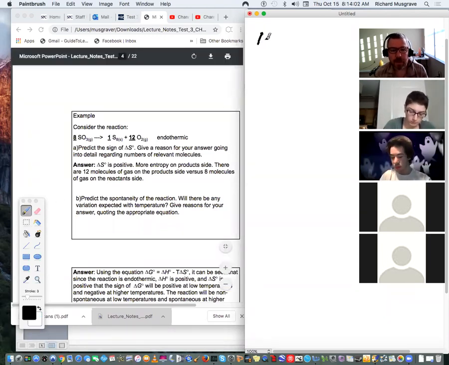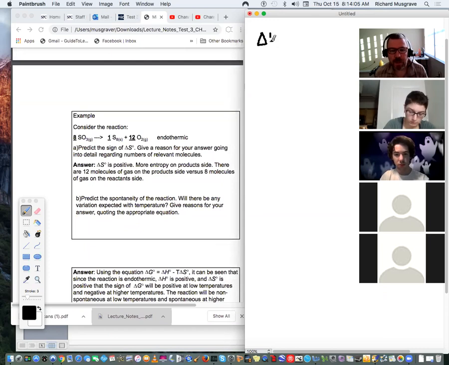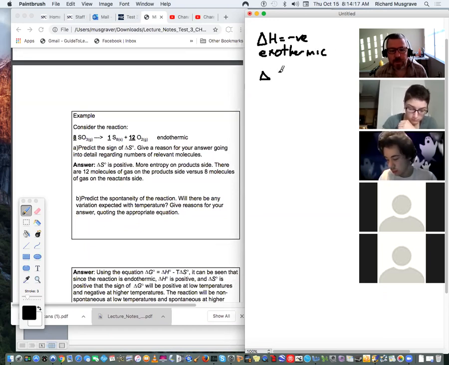Now, what we had talked about previously about enthalpy was that if delta H is negative, then we're talking about an exothermic process. If delta H is positive, then that's an endothermic process.